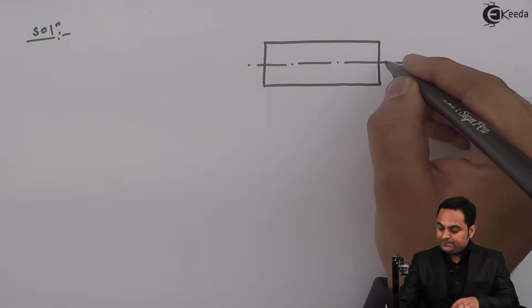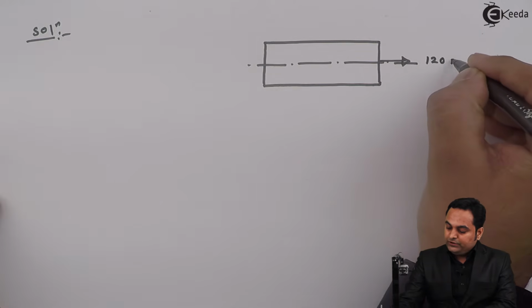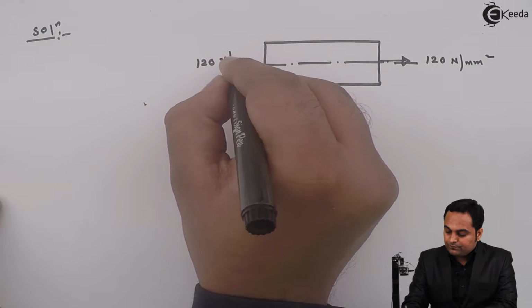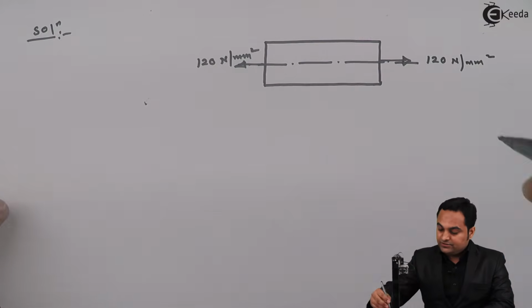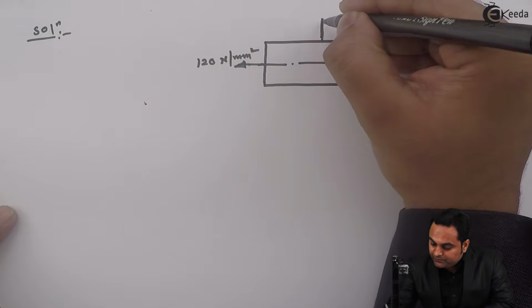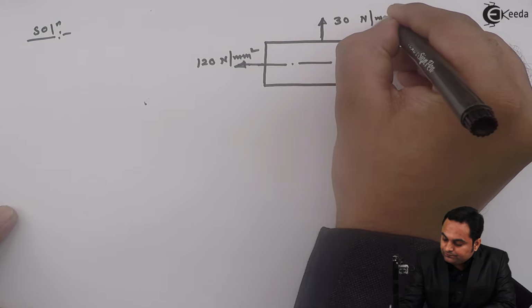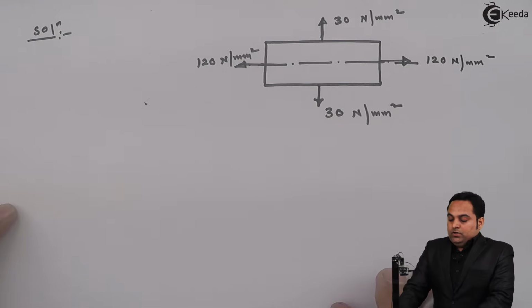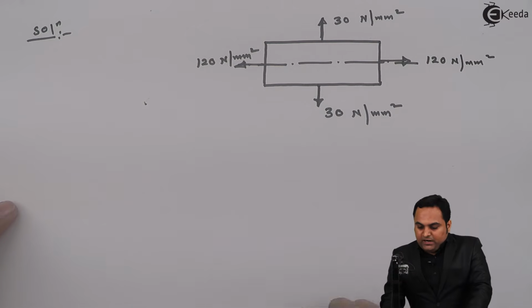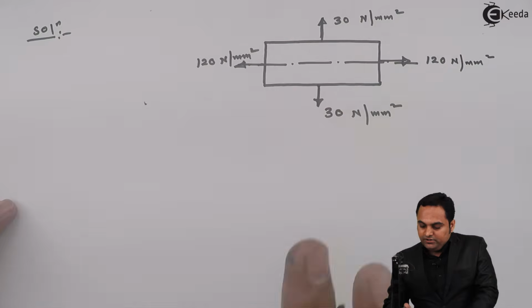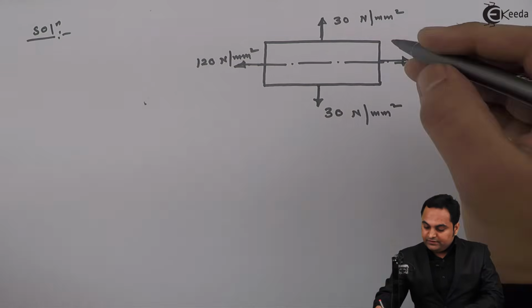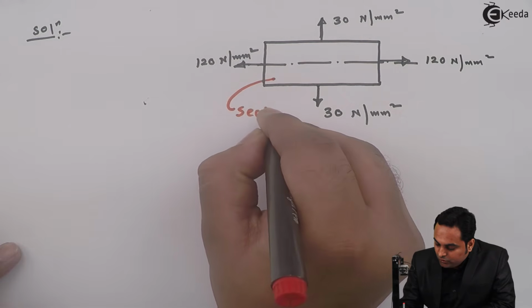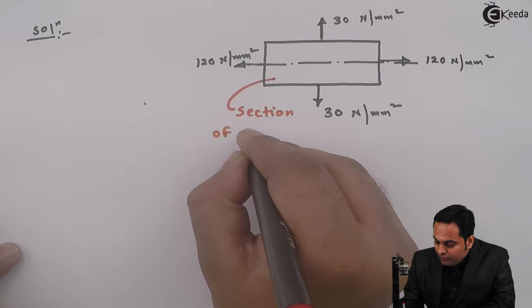So sigma x is 120 Newton per mm square, and sigma y is 30 Newton per mm square, perpendicular. So this is the part of the boiler shell which is given in the problem, a section, or we can say a part of boiler shell.